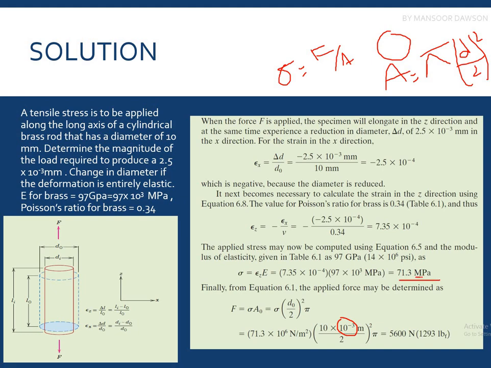Again we'll take 10 to the power 6 for mega, so we have to keep all our units in SI units, and we'll multiply it and we'll get this answer of 5.6 kilonewtons, or we can say 5600 newtons. So this was the solution.